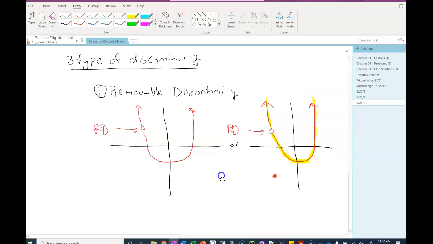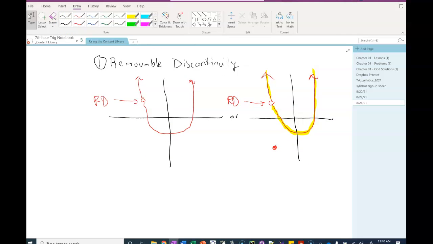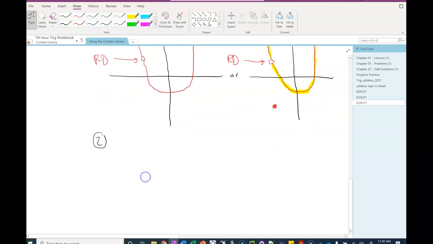The content in this section would be good enough to, if you looked at it, you could tell which one was which, and give the x value of where that occurred. So just be able to read the graph and visually identify which one is which. So not asking a lot from this section. The second type is a jump discontinuity.